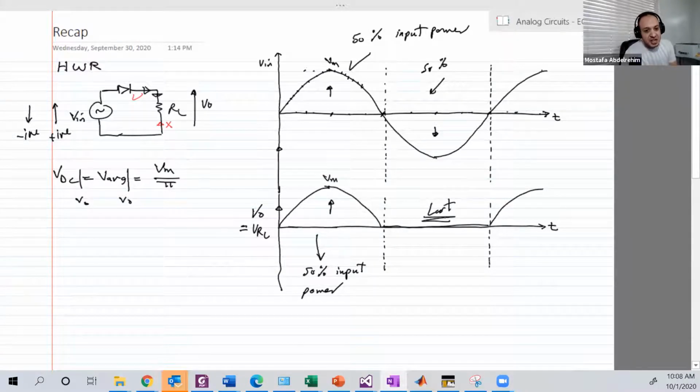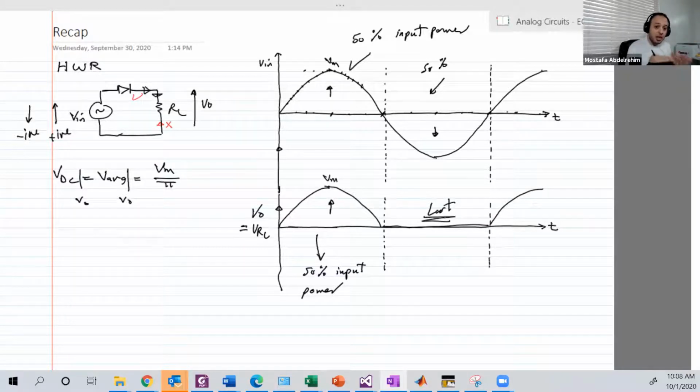So the efficiency here, the maximum efficiency, is 50% in power, the power transferred to the load. So the load, because it only needs DC, with this circuit, the half-wave rectifier, we couldn't pass the negative portion of the input. So the benefit that reaches the load in the form of power is only half of the input power, half of our source.